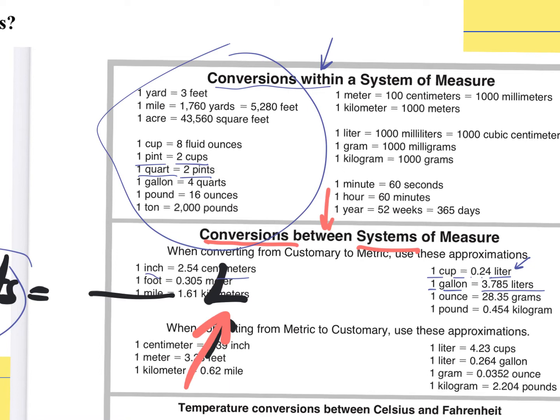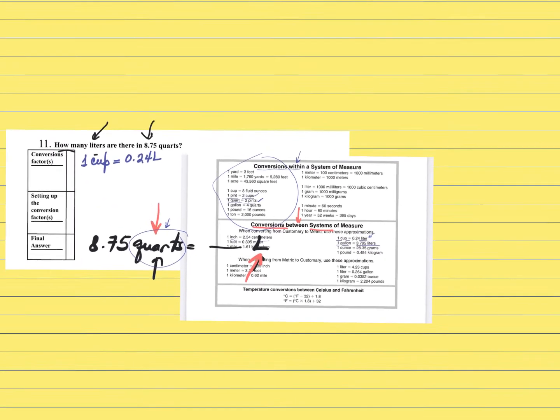So now you have another conversion factor in which you have cups, but you don't have quarts. But then you have another conversion factor in which you have quarts, but you don't have cups, but they're related. Because you have cups, you have to go the way through cups. Let me see what I have.